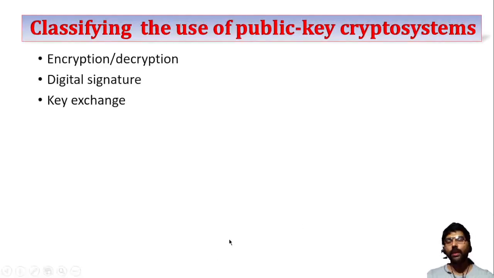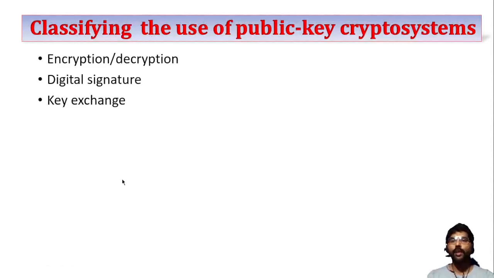Next one is classifying the use of public key crypto systems. The public key system contains a pair of keys, that is the private key and the public key. Either of these keys can be used for encryption as well as decryption. If you use one key for encryption, the other key is used for decryption.